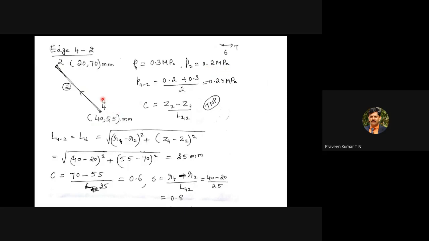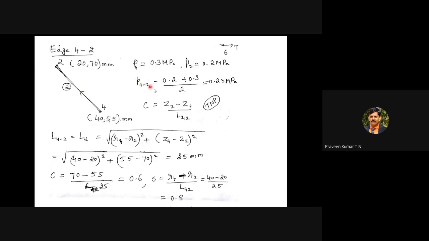Now, to find the traction force, we require the equivalent UDL acting on element or edge 2. The equivalent UDL acting on element 2 is the average force acting at node 4 as well as node 2. The average force acting at node 4 is 0.3 megapascal, and at node 2 it is 0.2 megapascal.